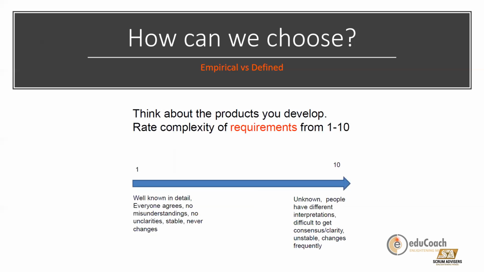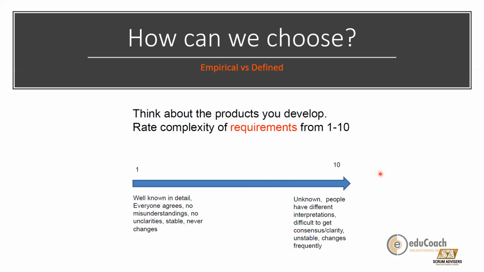So what we could probably do is think in terms of the requirements. We can then say move from 1 to 10, where 1 is everything known in detail, everyone agrees, no misunderstanding, no unclarities, and it's stable.